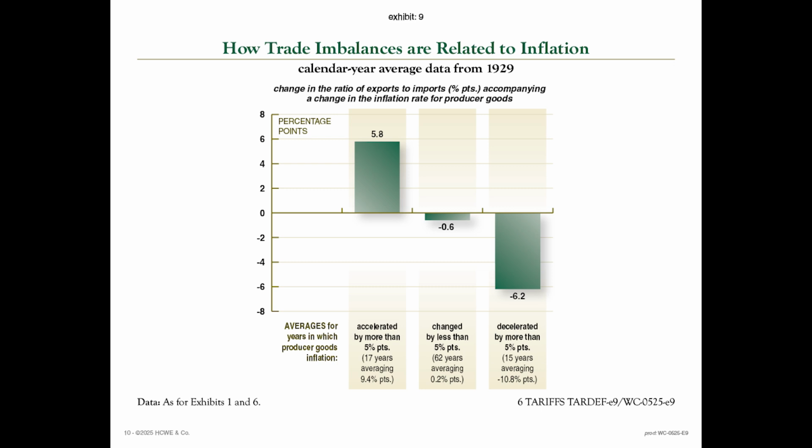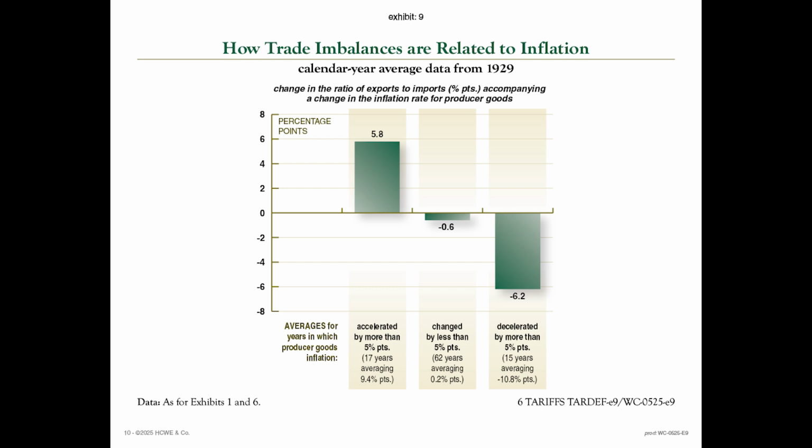Now, putting that together with what we saw just a minute ago, we know that tariffs are deflationary. So we're in the right-hand side, the bar on the right in this diagram. So we should expect the ratio of exports to imports to deteriorate, to become less favorable as a result of deflation.